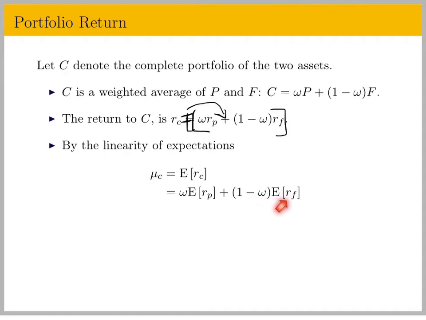We also know that the expected value of R sub F is simply R sub F. So in the next step, we simply substitute notation: omega mu sub P, which is equal to the expected value of R sub P, and R sub F, which is just equal to the expected value of R sub F.